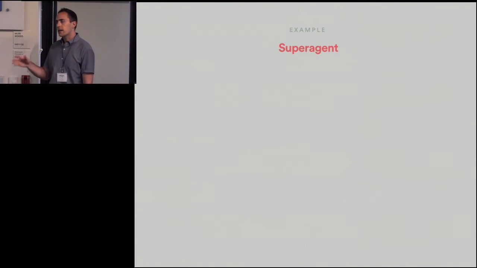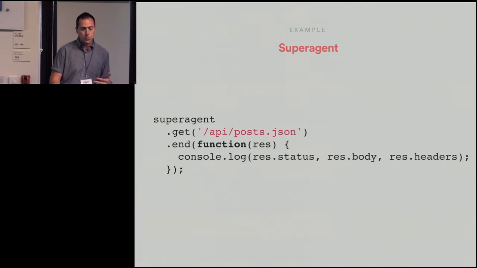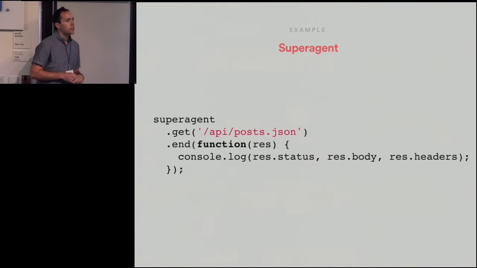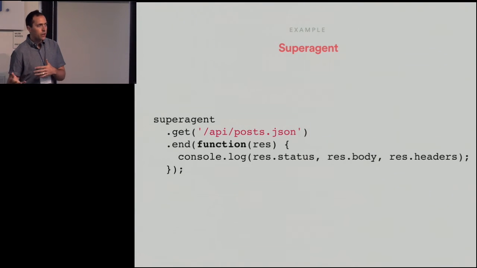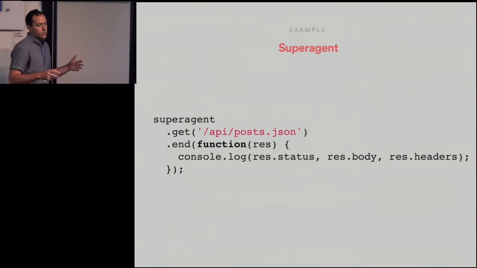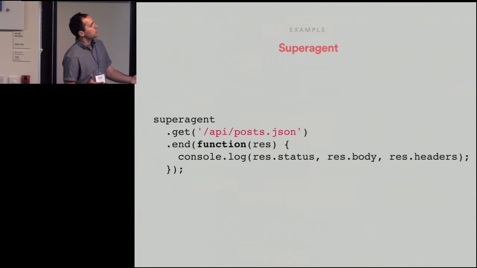My favorite example of this kind of module is called SuperAgent. SuperAgent is an HTTP request library. On the client side, it's an alternative to something like jQuery.ajax, and on the server side, it's an alternative to, say, Node's native HTTP module. But basically, it allows you to create HTTP requests.